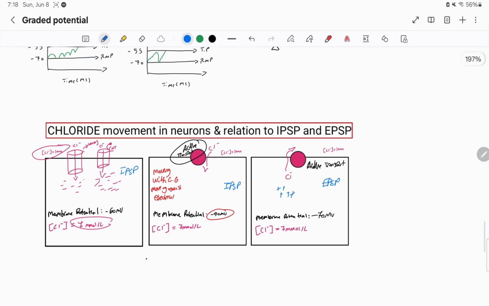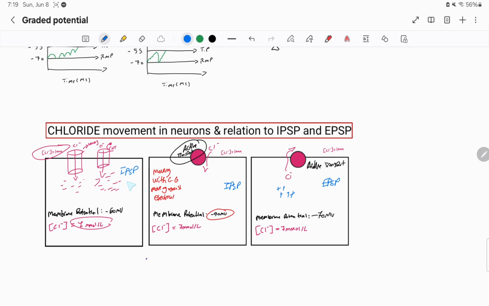So the end goal here, we can cause an IPSP and an EPSP with chloride depending on what the situation is. If the neuron has a membrane potential that is lower than the equilibrium potential of chloride, then it requires an active transporter that can bring chloride in with its concentration gradient but move it against its electrical gradient. If I want to cause an EPSP, then I need a neuron that has an active transporter that pushes chloride against its concentration gradient, outside of the cell.